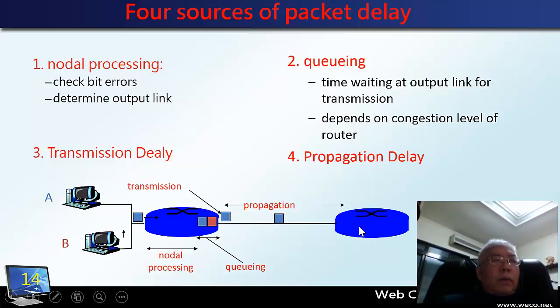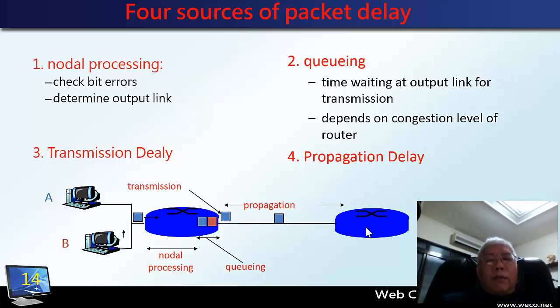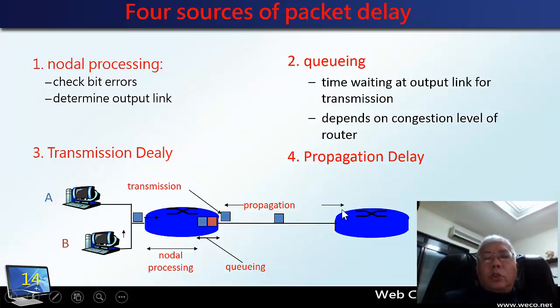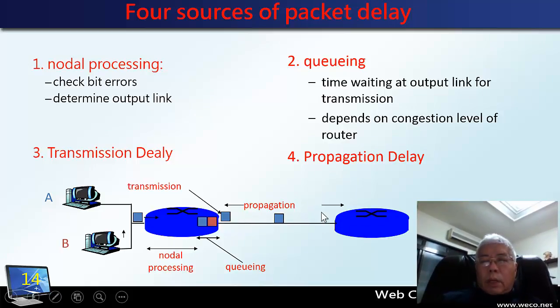If you go from, say, Taiwan to the US, this is a very long distance, so the signal propagation will be significant. If you send it from, say, Taipei to Taichung, then the propagation delay is much smaller. So that's the actual data propagation time.